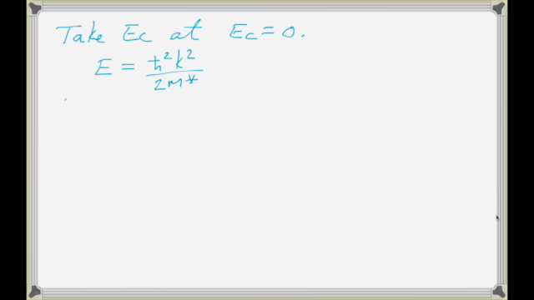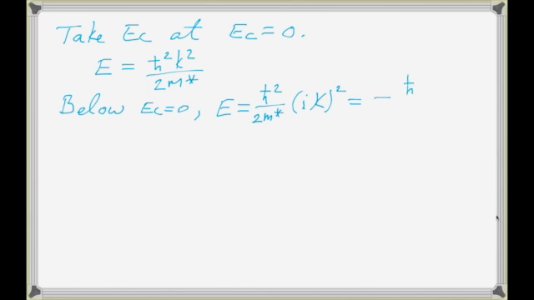And below, you're just going to have E is, to go from one to the other, I just replace k by iκ. So ħ² over 2m* times (iκ)², which is your minus ħ²κ² over 2m*.